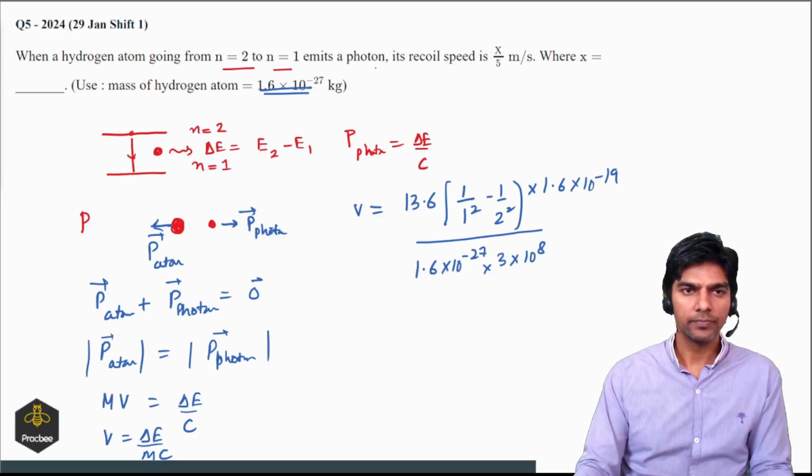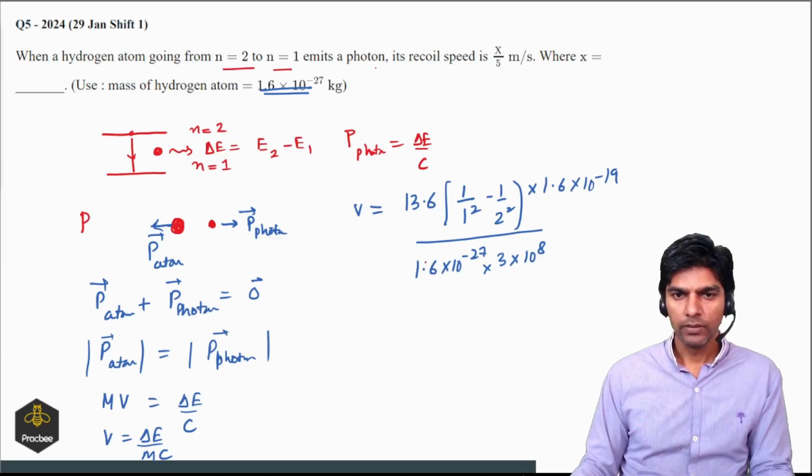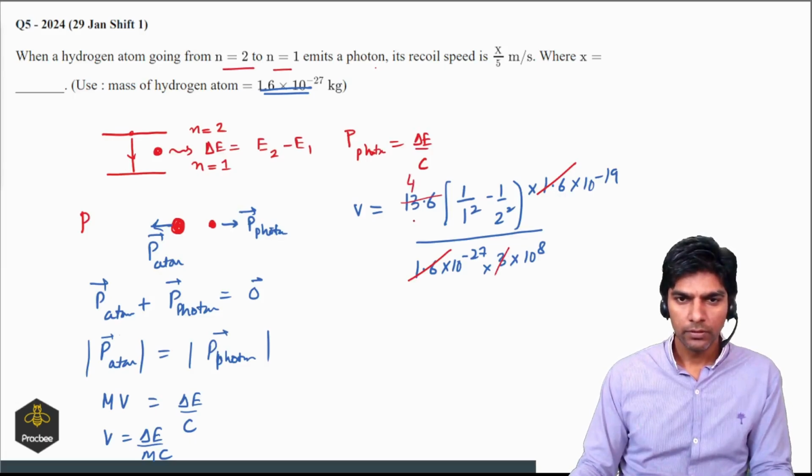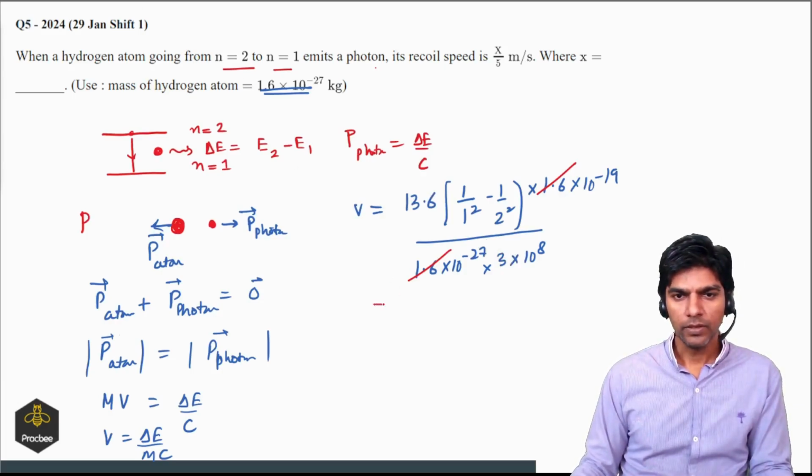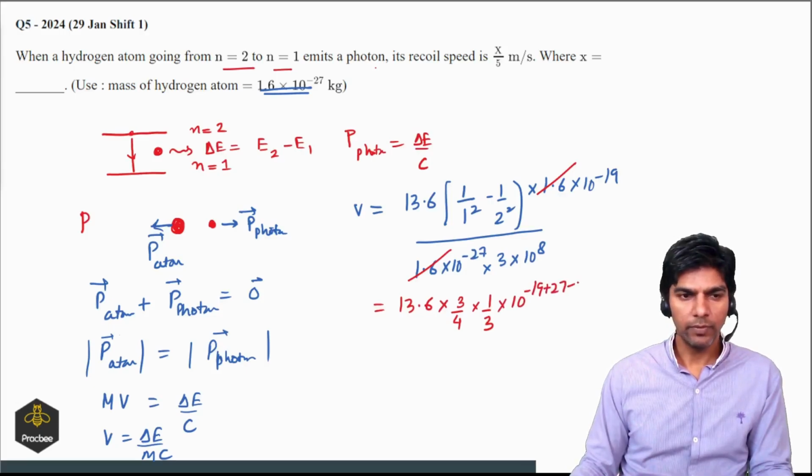Let us simplify this. So 1.6 will get cancelled out, and this is 3. Okay, let me simplify this further. So this can be written as 13.6 times 1 minus 1 by 4, that will be 3 by 4, times 1 by 3 times 10 raised to the power minus 19 plus 27 minus 8.